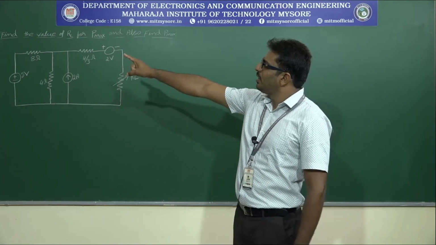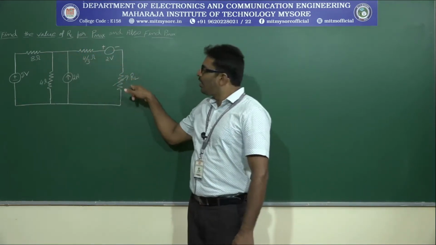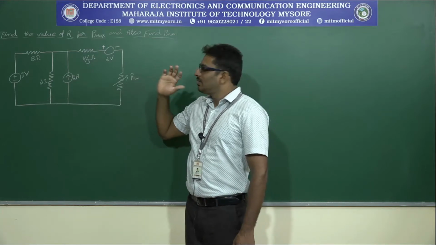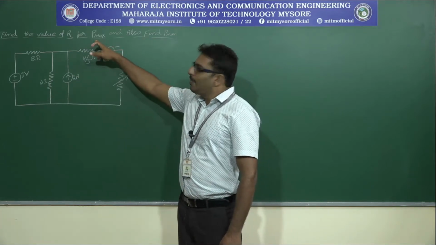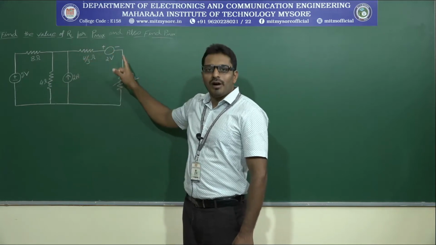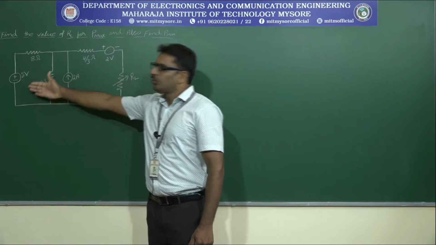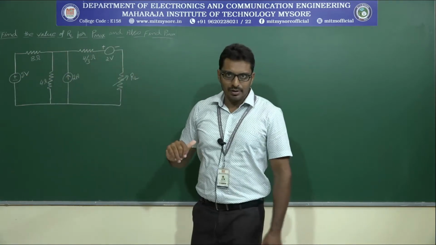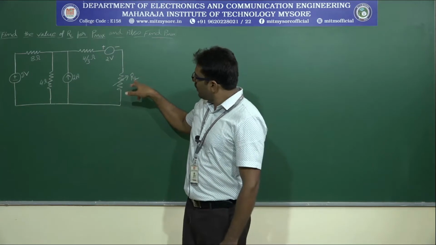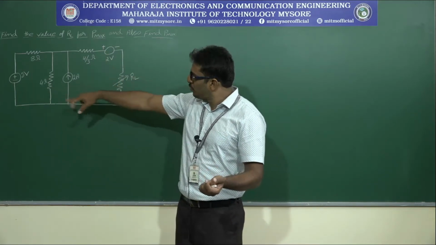First see the question: find the value of RL such that we get P max. Find the value of RL at which we can transfer maximum power from source to load.